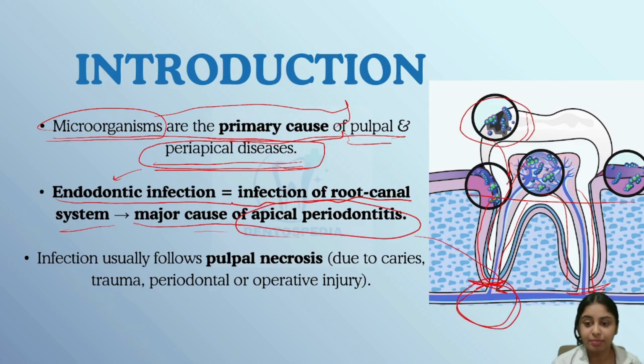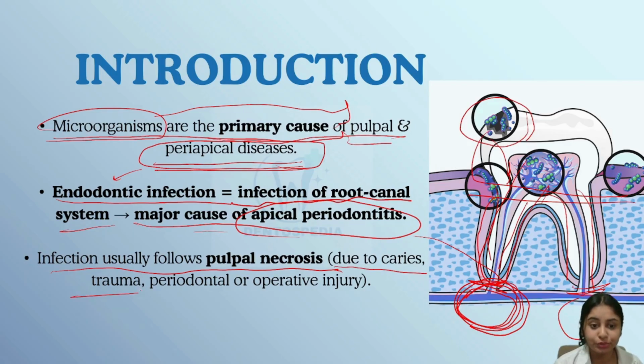It starts from the crown of the tooth, goes beyond the root canal, and mainly causes apical periodontitis. The infection usually follows pulpal necrosis, meaning the death of the pulp, and this happens due to caries, trauma, or periodontal or operative injury.